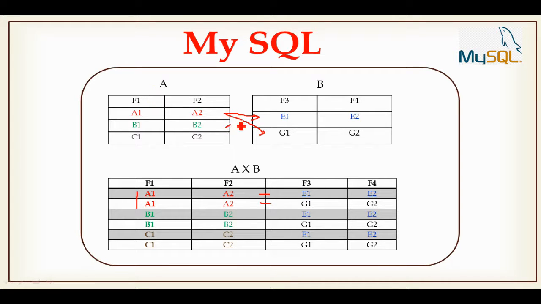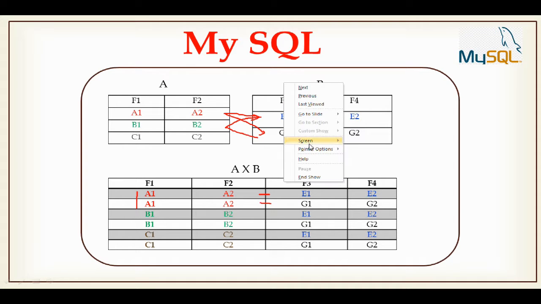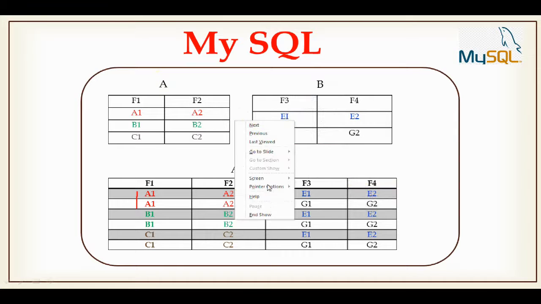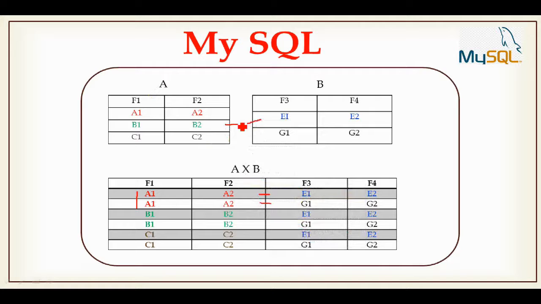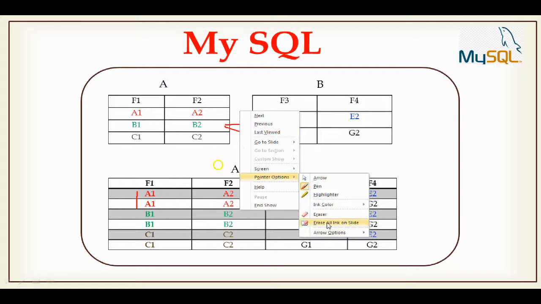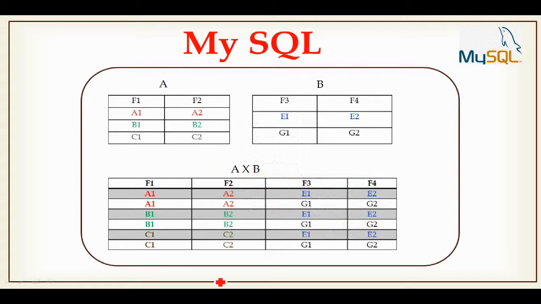The same thing repeats when we join B1 and B2 in the same way, with all the records of table B, and so on. All the records are joined, and we get this output.